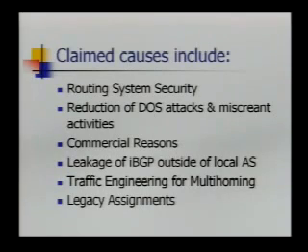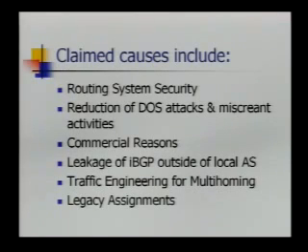The claimed causes of deaggregation, we put some text around each one of those. These are some of the claims that I certainly have heard. I've given loads and loads of BGP tutorials, not only in the NANOG forum, but in many other network operations groups around the world. As part of those I talk about deaggregation and why it is really not a wonderful idea.